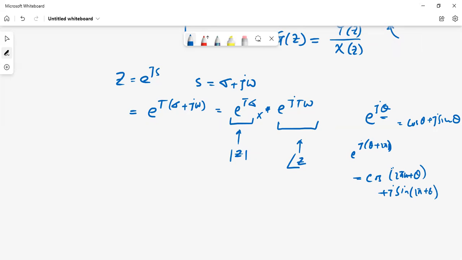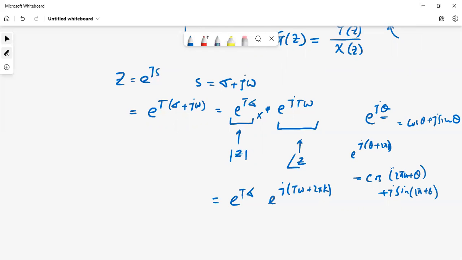That is why we can also write it this way: e to the power T sigma times e to the power j T omega plus twice pi k, which can be repeated with a period of twice pi.